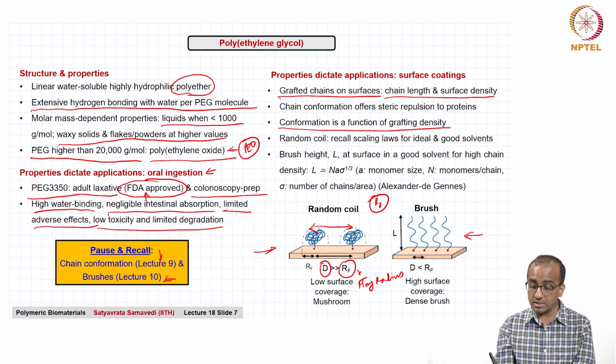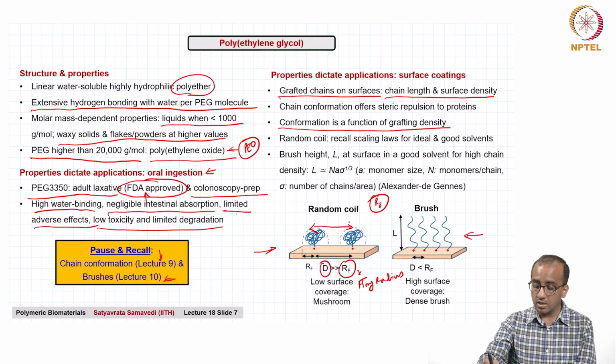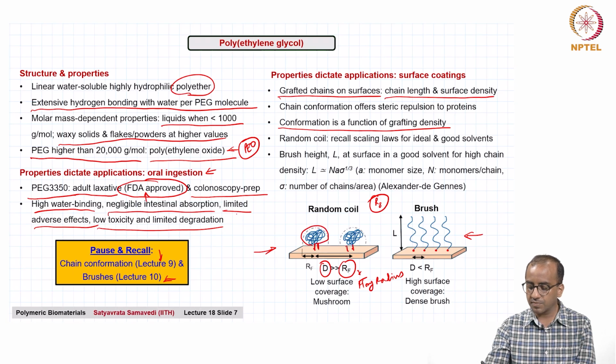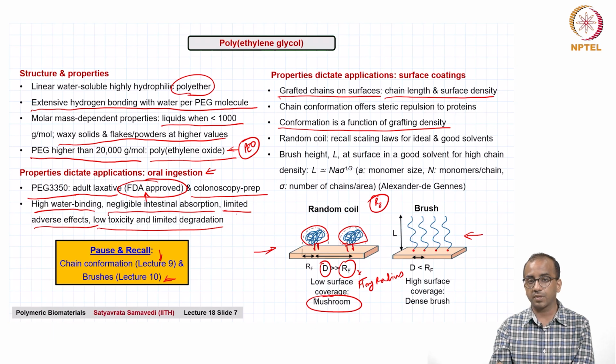So, if the distance is well above the Flory radius, then the chains exist as random coils, giving this mushroom-like structure. That is why it is called a mushroom.